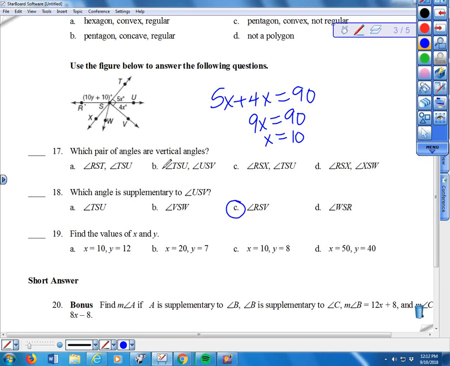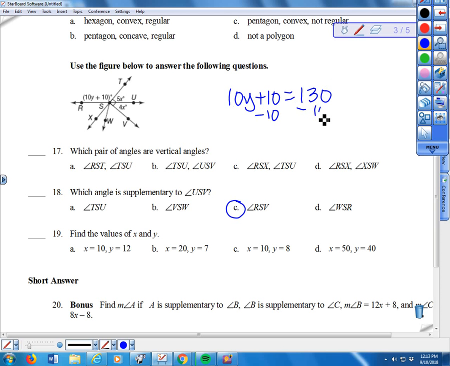So now what can I do here? What's this angle measure? 50. That's 50. What does this whole angle have to be then? 130. And I know it is 10y plus 10. So I just set 10y plus 10 equal to 130 and solve. So x is 10, y is 12.